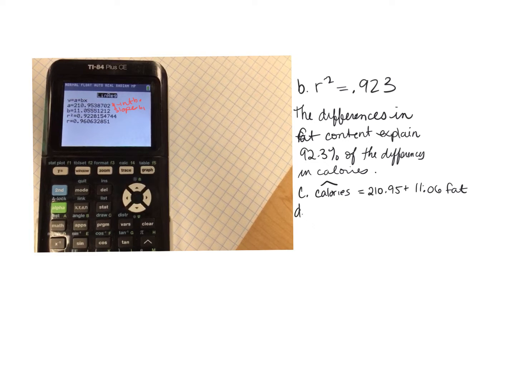D, use a residual plot to explain whether your linear model is appropriate. So now that I've done the lin reg, I cannot do a residual plot. I can't go scatter plot, residual plot. I have to go scatter plot, linear regression, lin reg, and then the residual plot because my calculator calculates a new set of residuals with every new lin reg.